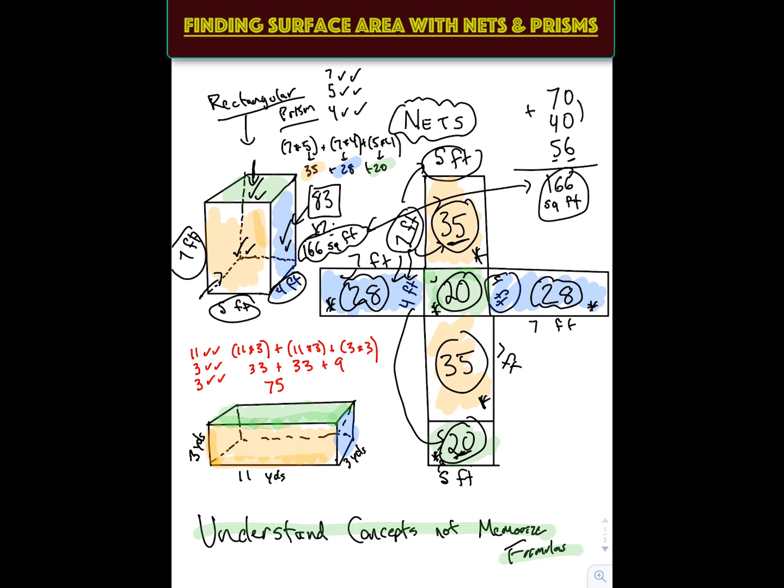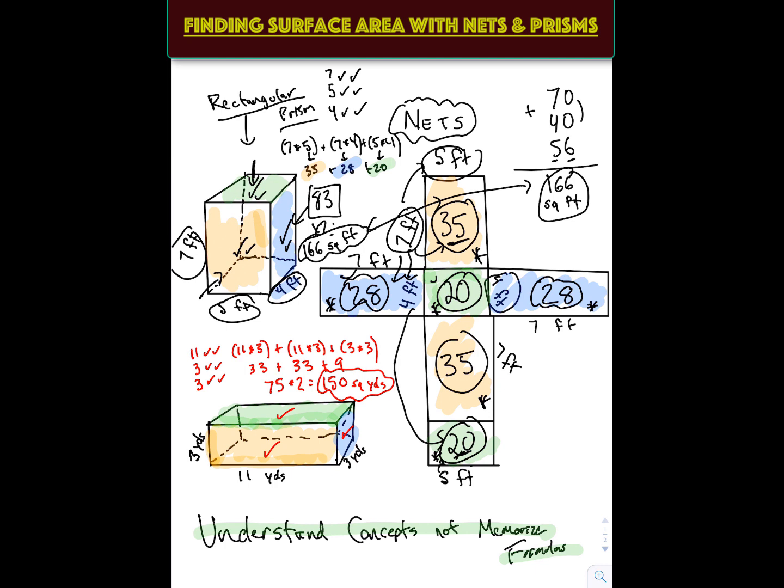This is the biggest mistake that students make, is they do stop here. But what's important to remember is right now I only have a front, a top, and a right side. I need a bottom, a back, and a left side, and in order to do that, I'm going to just multiply this number by 2, which is 150 square yards, and that is my correct answer.